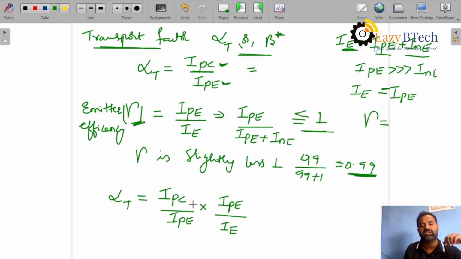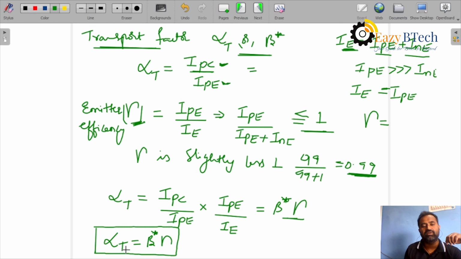We will write alpha T is nothing but IPC by IPE, which we write as beta star, into IPE by IE, the emitter efficiency. Simply we write alpha T is equal to beta star into gamma. This is also one of the formulas.